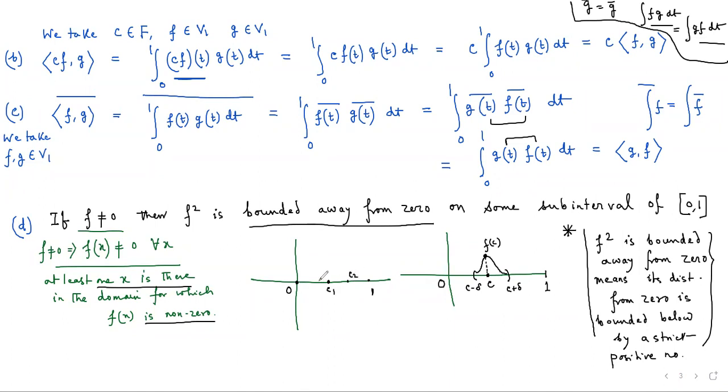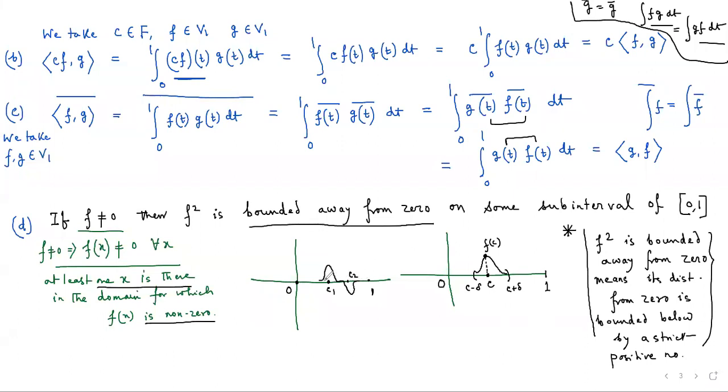You can always find an interval around C1 at which the function will remain non-zero, and like this also. The function value can be negative also, but I'm not talking about whether the function's value is negative or positive. The function value will be non-zero. It can be either positive or negative.